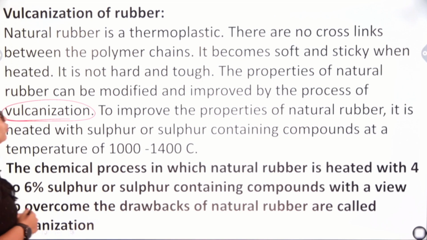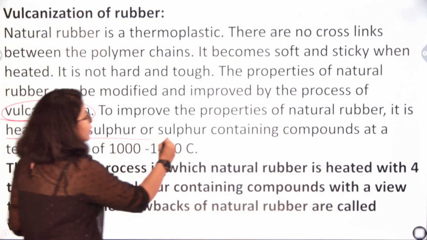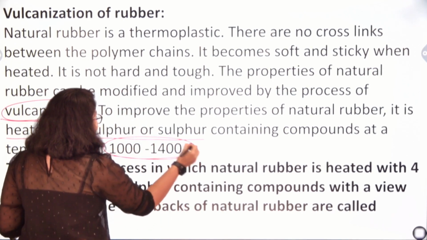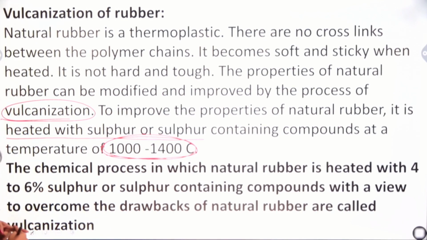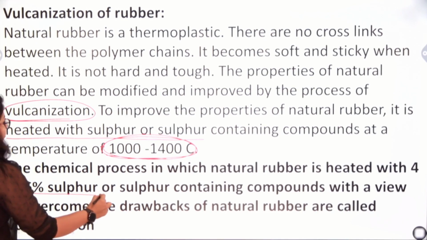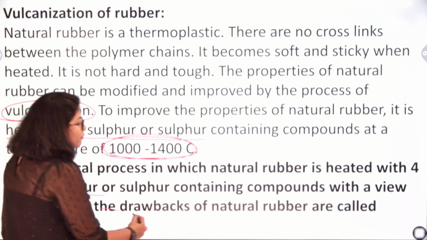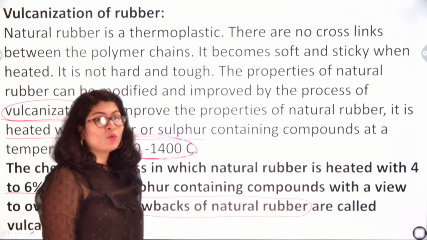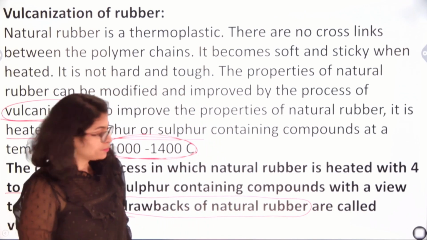Natural rubber is heated with 4 to 6% sulfur or sulfur containing compounds at a temperature of 100 to 140 degrees Celsius, with a view to overcome its drawbacks. The main motive is to improve the quality of natural rubber. This process is called vulcanization.